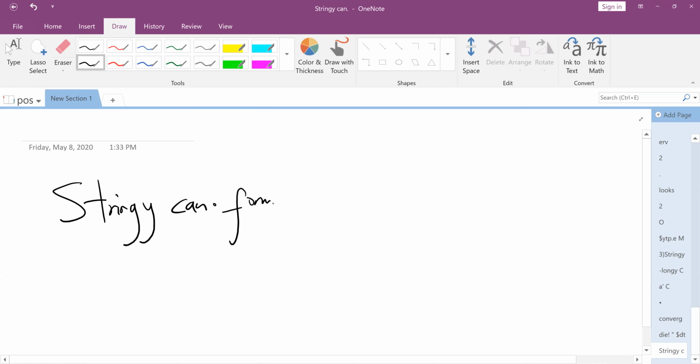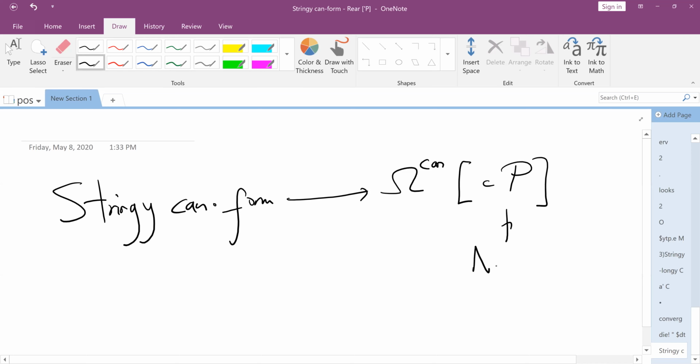But for our purposes at the moment, it is a way to build a canonical form which naturally comes along with an alpha prime, but you can send alpha prime to 0, which gives me the canonical form omega for any polytope that can be represented as the Newton polytope of some polynomial.